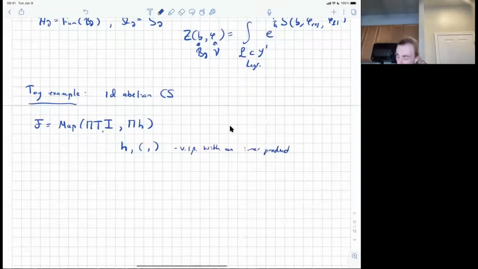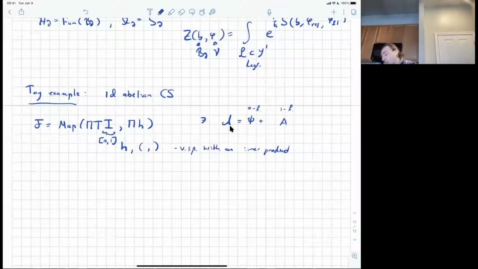So I is the interval 0 to 1, and an element here is a non-homogeneous differential form with coefficients in H with appropriate parity. So it has a 0-form part and a 1-form part along the interval. The 0-form part is a 0-form with coefficients in H, which is intrinsically odd.